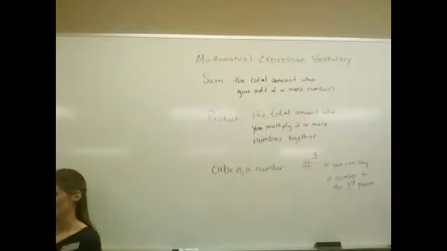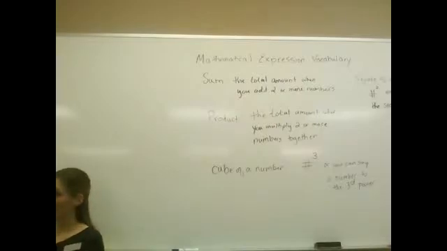There's one more special name for when you use an exponent. The square of a number is when you take a number to the second power. So we have number squared or a number to the second power.